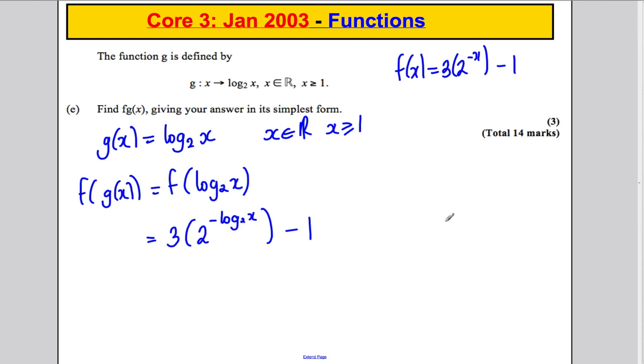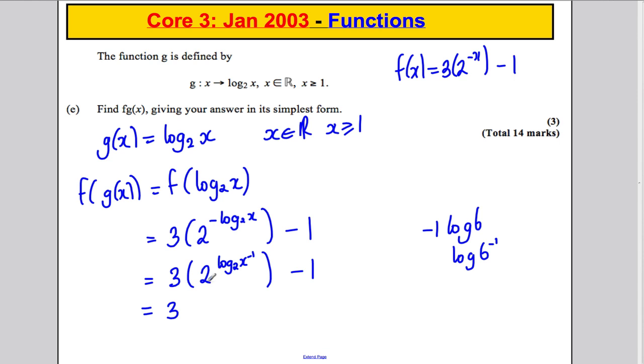Now we should know that negative 1 times log b is like log b to the power of negative 1. You can bring the power up. So this is like 3 times 2 to the log base 2 of x to the power of minus 1, subtract 1. Now 2 to the log base 2 of x is just x, so to the power of minus 1 this is 3 over x subtract 1. And there, that is our f of g of x in its simplest form. And we're done.